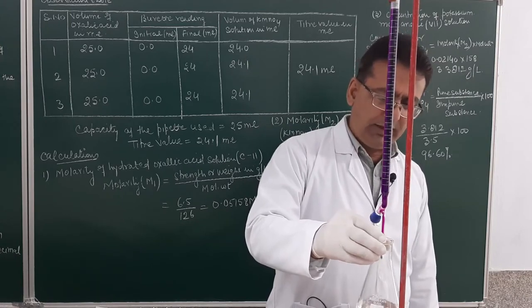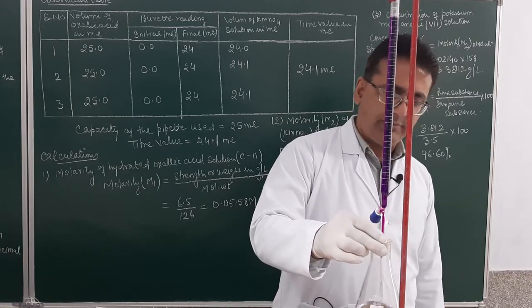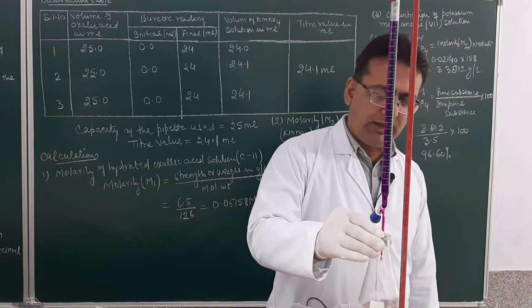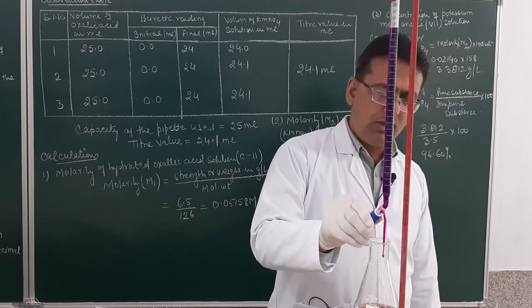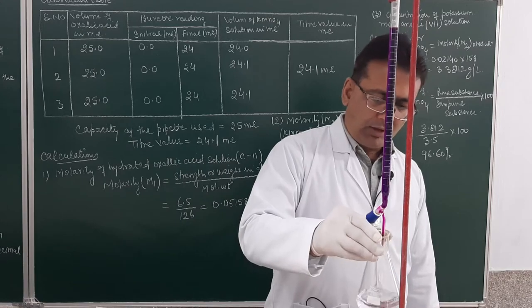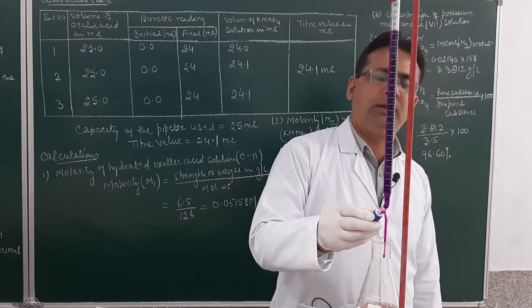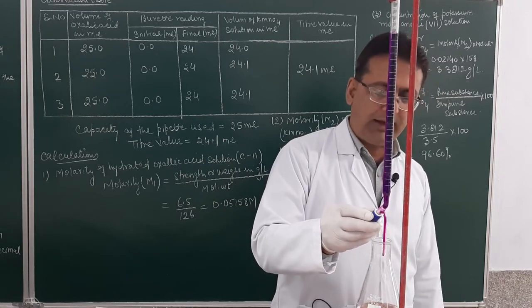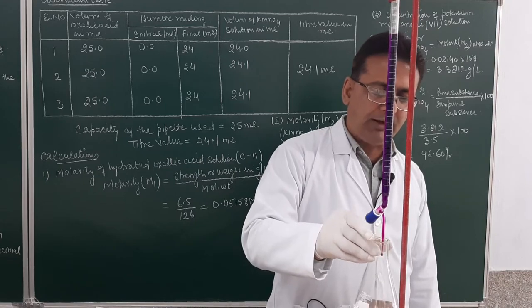So you may see over here that till the persistent pink color is obtained, that will indicate the end point of the titration. You may see over here it is still decolorizing. So a few more drops of KMnO4 solution are to be added into this till the persistent light pink color is obtained.